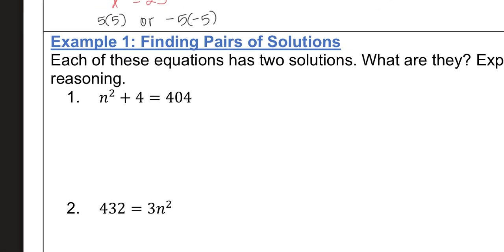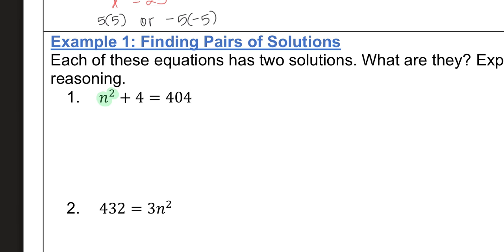Okay, so we're going to go through now actually solving these and finding the solutions. So what we want to do is look in our equation and isolate our variable, just like we did back in unit 2. So here my variable is n and it has that power of 2. So that is what we want to isolate first. So that means I need to get rid of the plus 4.